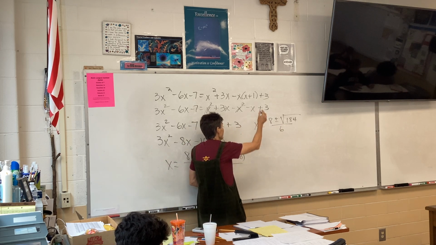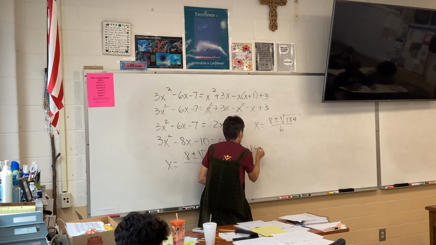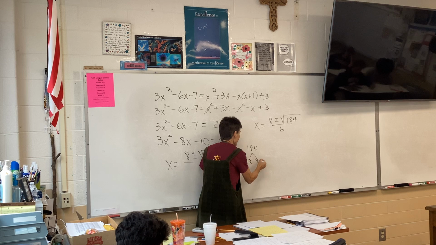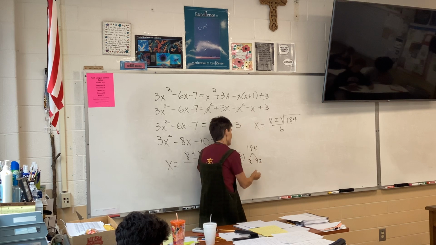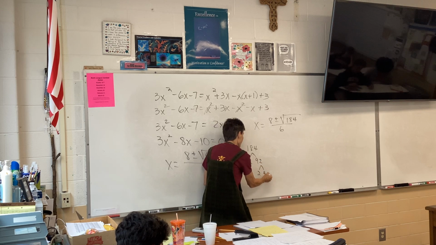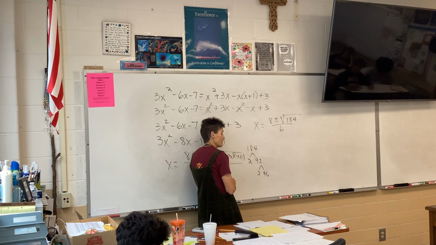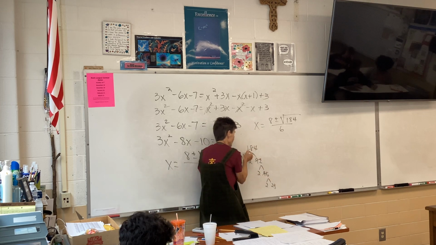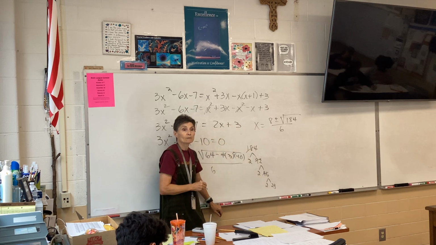So 184, let's see, 184 would be 2 times 92. That would be 2 times 46, and that would be 2 times 23. Wait, you said wait.